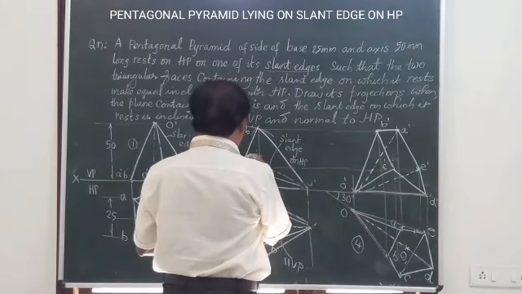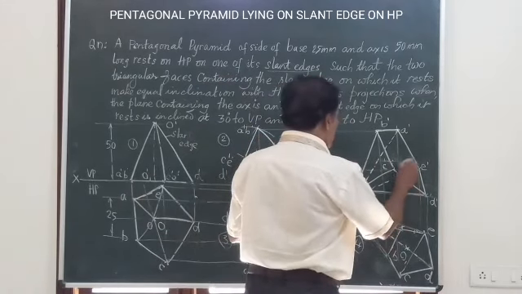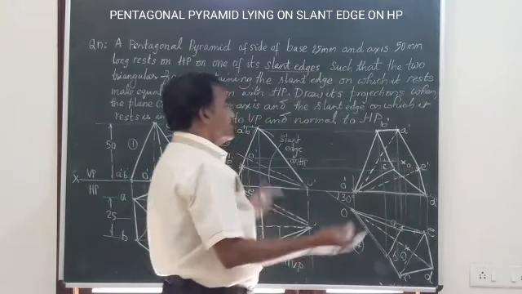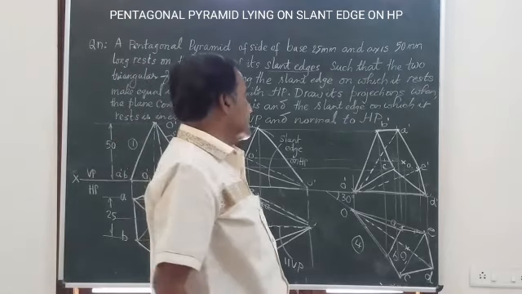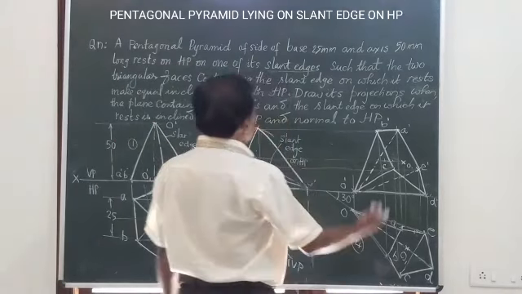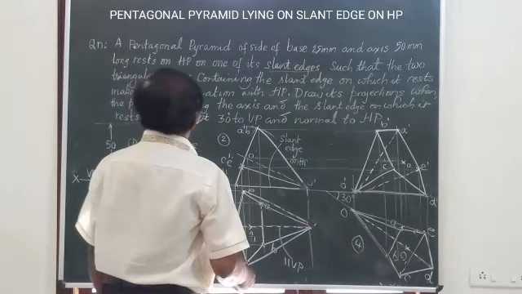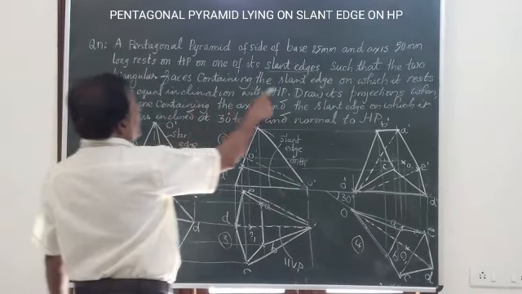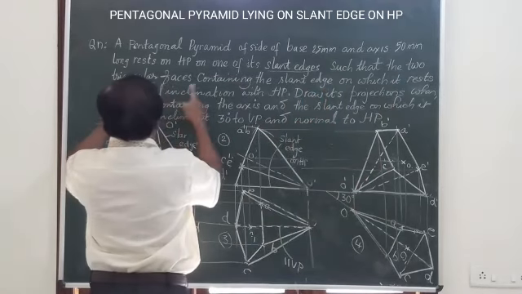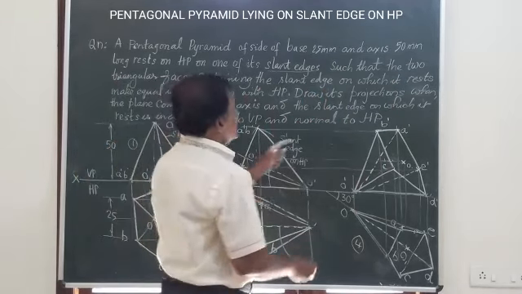Now finally let me mark O, the center of the base, O from here. So this is O1 dash. You can also join. Friends, you can see I have completed the complete projection of the solid, and finally you will see there is one more condition. It is resting on one of the slant edges such that the 2 triangular faces contain the slant edge.